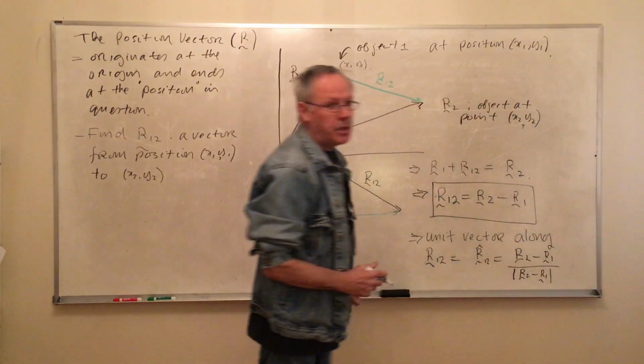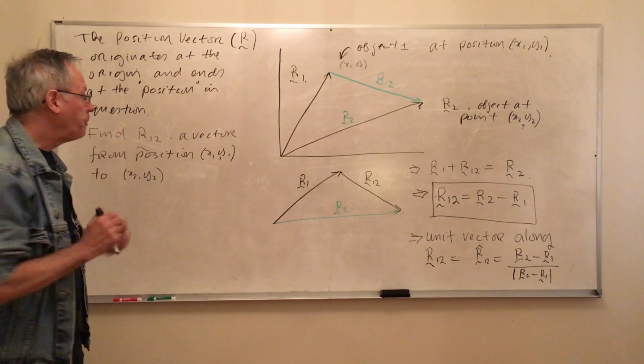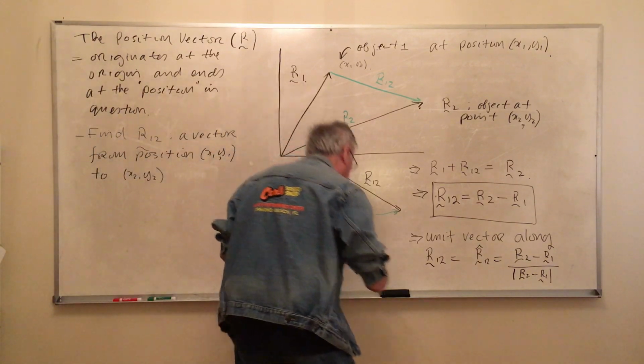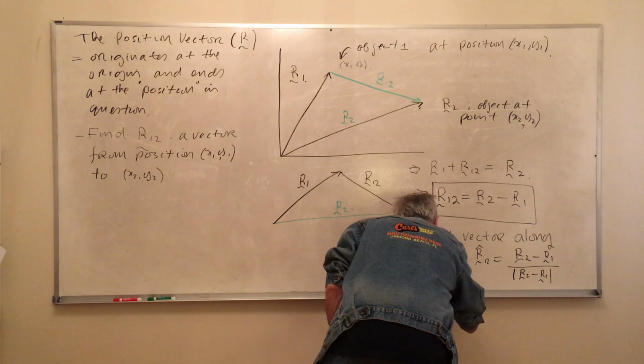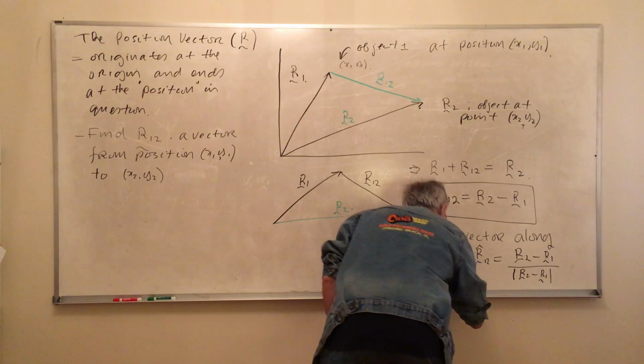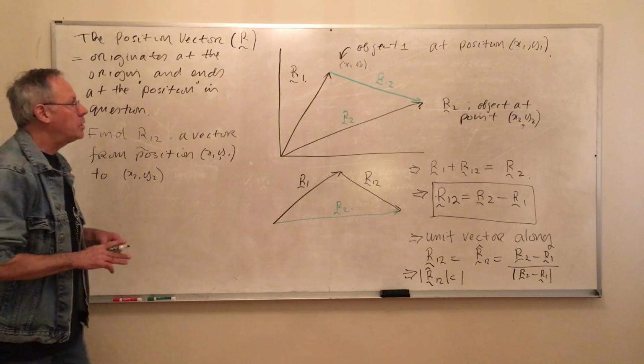To put a hat on any vector, all you do is divide by its magnitude. You put a hat on it, you make it a unit vector. So R12 hat has magnitude 1. Let's clear the board and do an example.